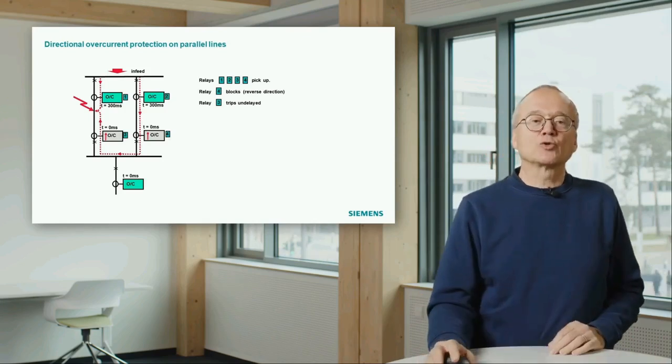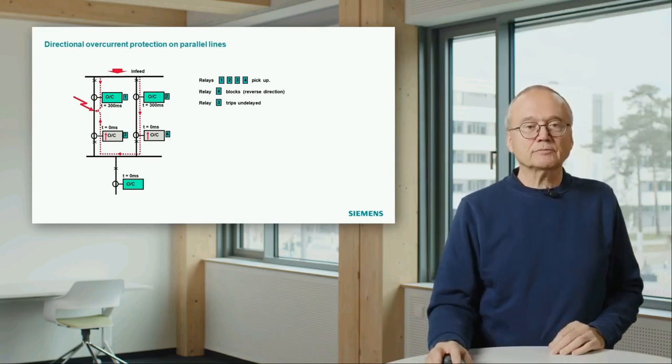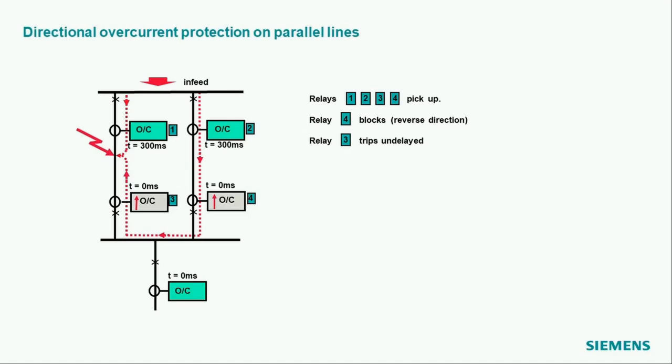That means it can trip at once. The two green relays on the top, which are normal overcurrent relays, will also start their timers. In this case, I have 300 milliseconds.